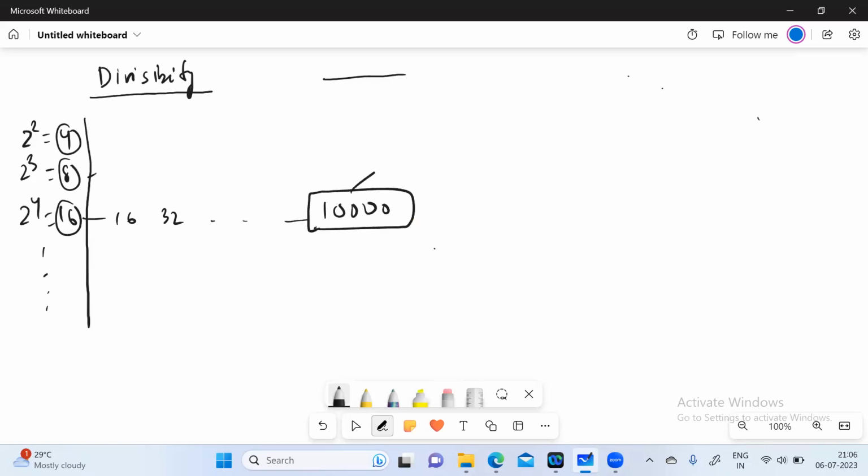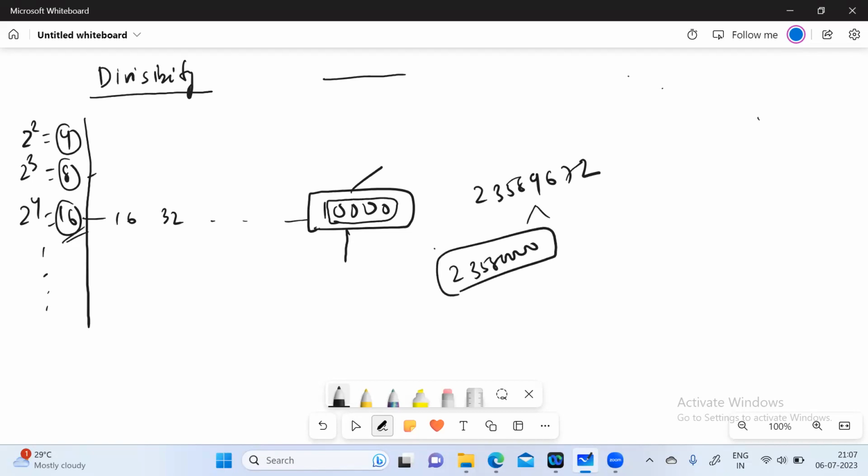So with this 10,000, we can devise a divisibility rule for 16, which says that if the last 4 digits are divisible by 16, the number will be divisible by 16. For example, 23589672: you know it will be broken as 23580000 plus 9672.